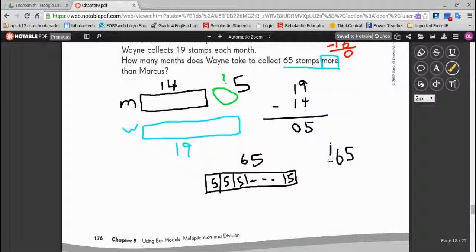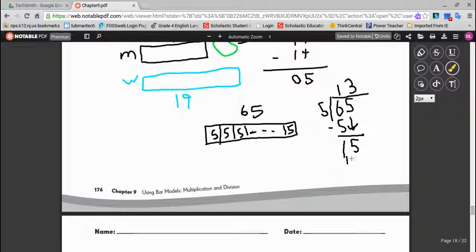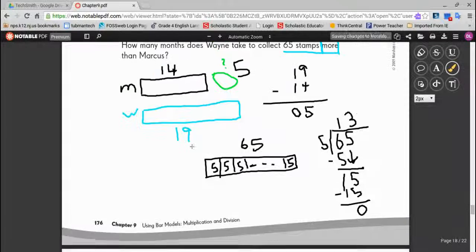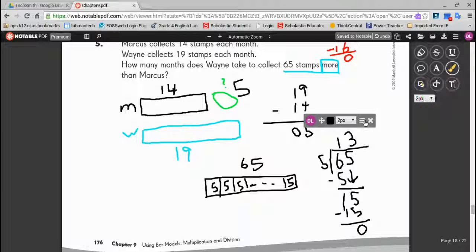So 65 divided by 5. 6 divided by 5 is 1. 1 times 5 is 5. 6 minus 5 is 1, and drop down the 5 gives me 15. 15 divided by 5, 5, 10, 15 is 3. 3 times 5 is 15, and if I take that away, I get 0. So I know it takes him 13 months to collect 65 more stamps.